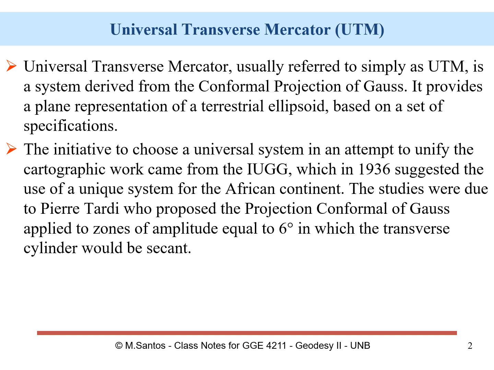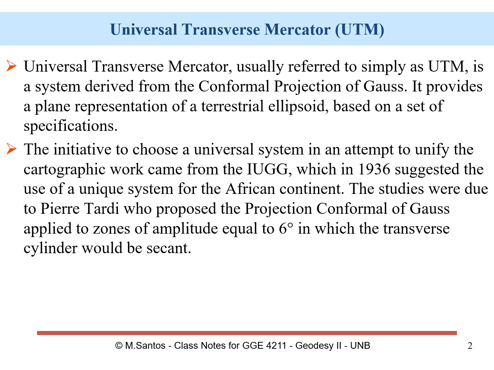It comes from transverse Mercator, and here I'm already telling you that transverse Mercator has different names, and in this slide I'm referring to it as the conformal projection of Gauss. And it provides, of course, a representation on a plane of the terrestrial ellipsoid, and there is a set of specifications.